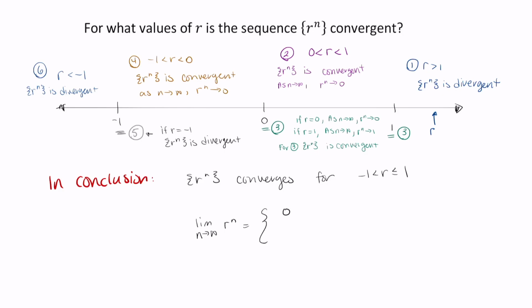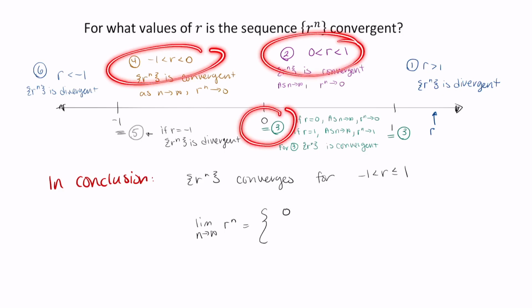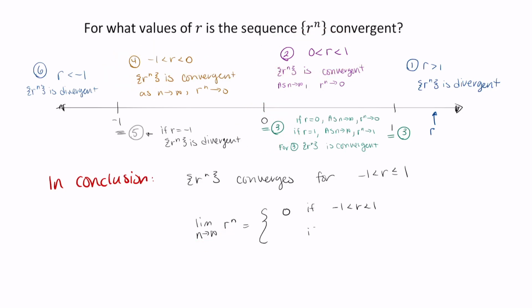Our limit equals 0 in a few cases, this one, and this one. So clearly, the limit as n approaches infinity of r to the n equals 0 so long as r is greater than -1 and less than 1. If r equals 1, then the limit is just 1. And that's this case here.